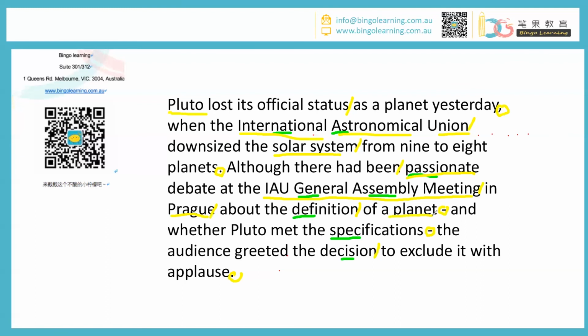Planet is quite crucial here because we're speaking about the definition of a planet. So those two words are very crucial in terms of our understanding. So they're useful words to emphasize here. Again, applause at the end is very crucial to how we're understanding this sentence here. So let's emphasize that as well.